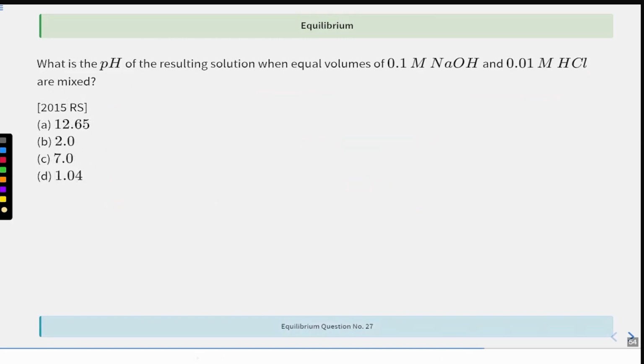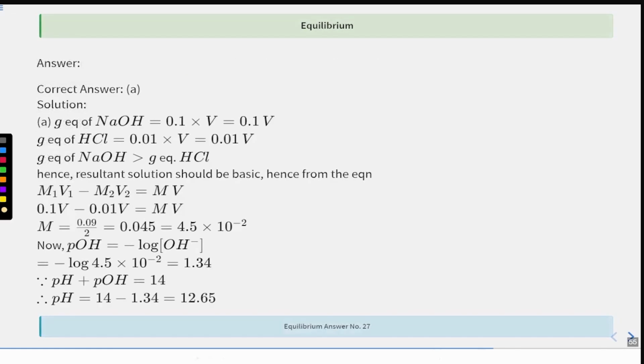Okay. Next, what is the pH of the resulting solution when equal volumes of 0.1 molar and another solution are mixed? It is the same thing we were doing. First, we calculate the equivalents.